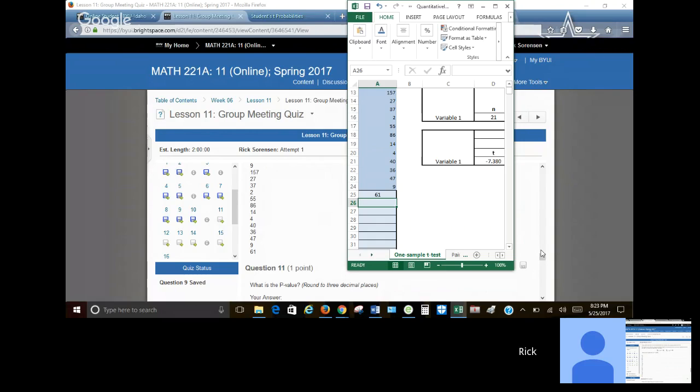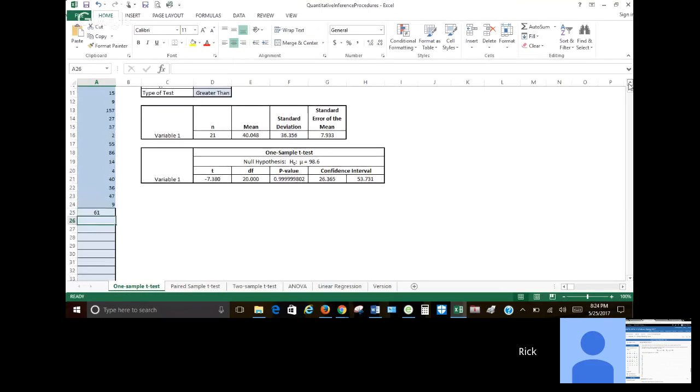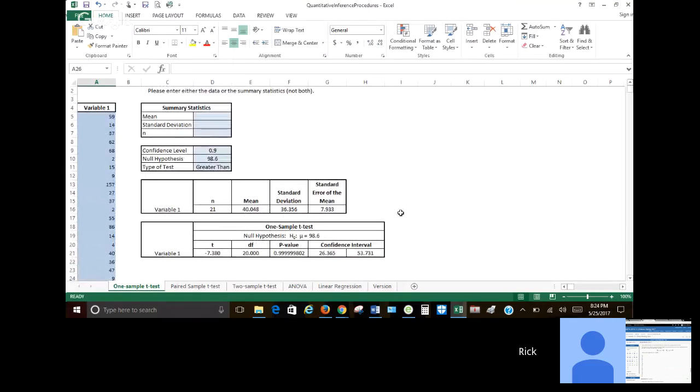We have 24 sample size. The null hypothesis is 40. 21 numbers.